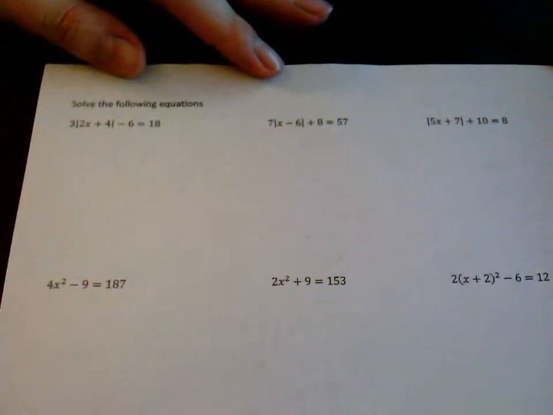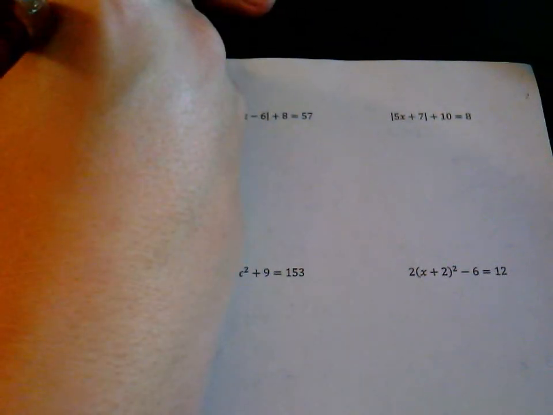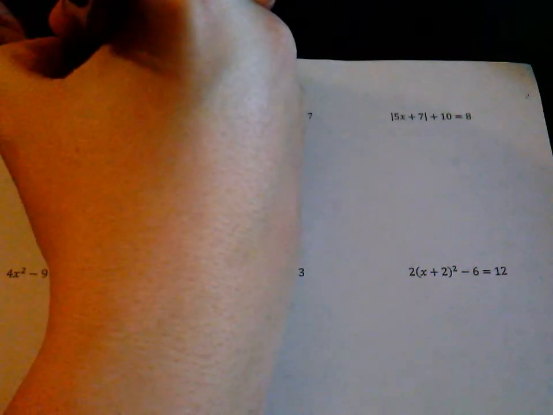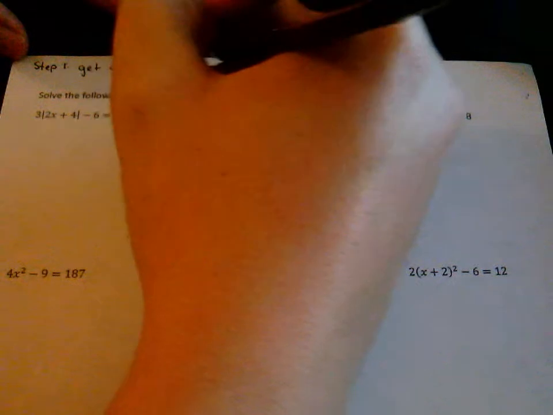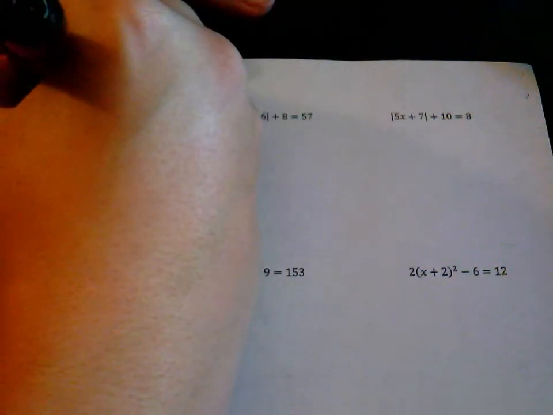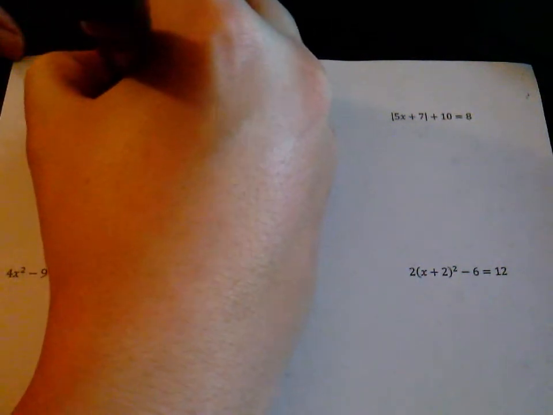Okay, so when solving these, 3 easy steps. Step 1. Get absolute value or square term by itself.